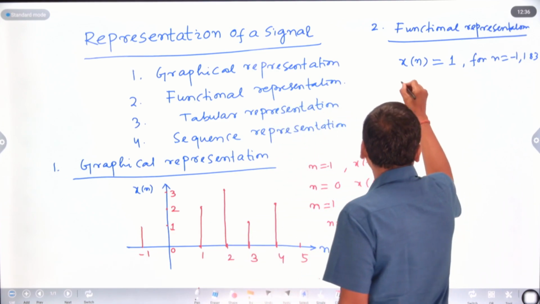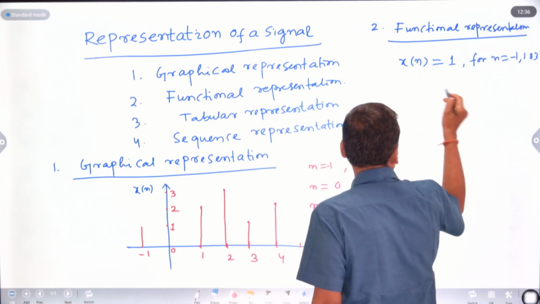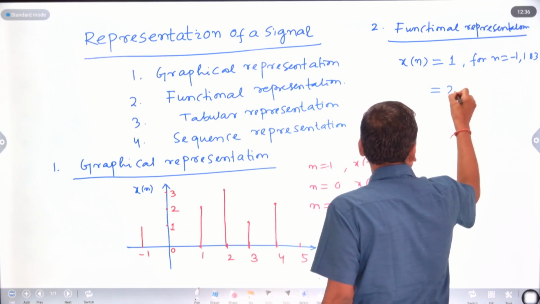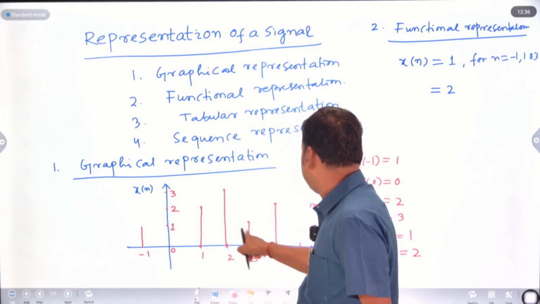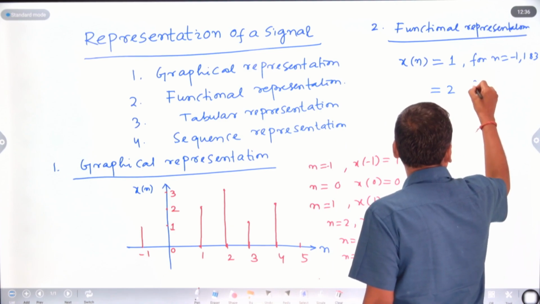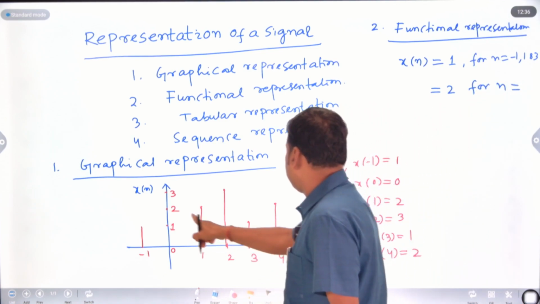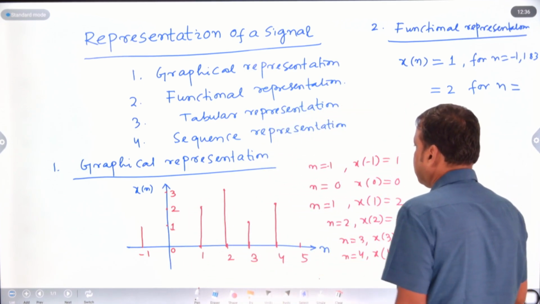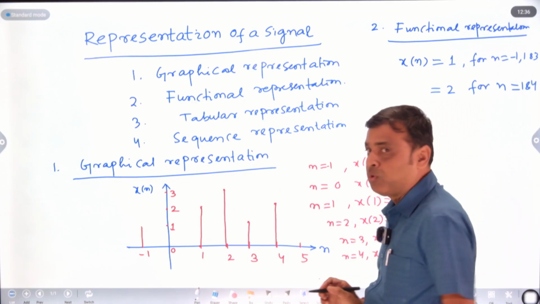Similarly, I can write x of n equal to 2. Where is it 2? For n equal to 4, x of 4 equals 2, and for n equal to 1, so n equal to 1 and 4, x of n equal to 2.